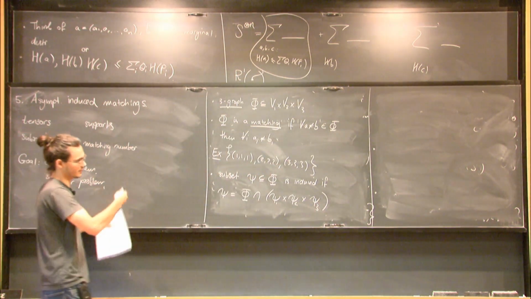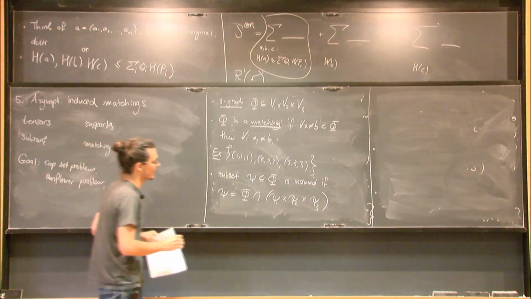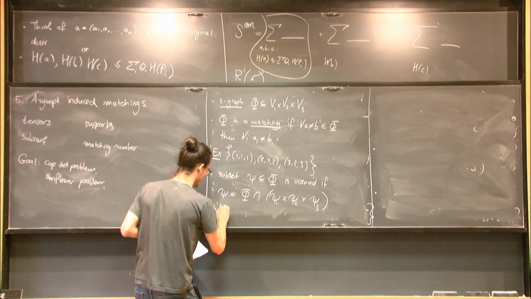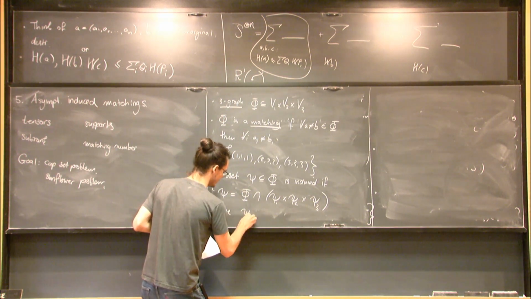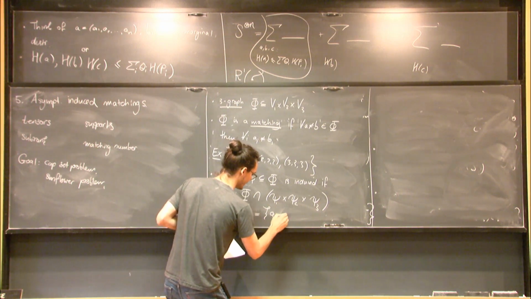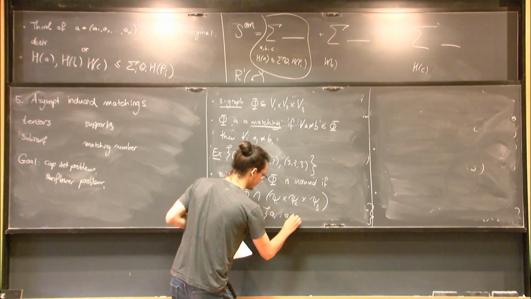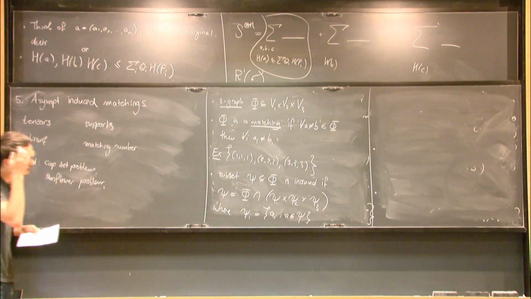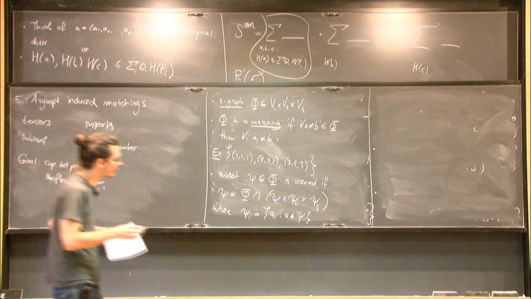So you have psi, you look at the marginal sets. Maybe let me write it down. Where psi_i is simply all the A_i that appear in psi. So that's induced.